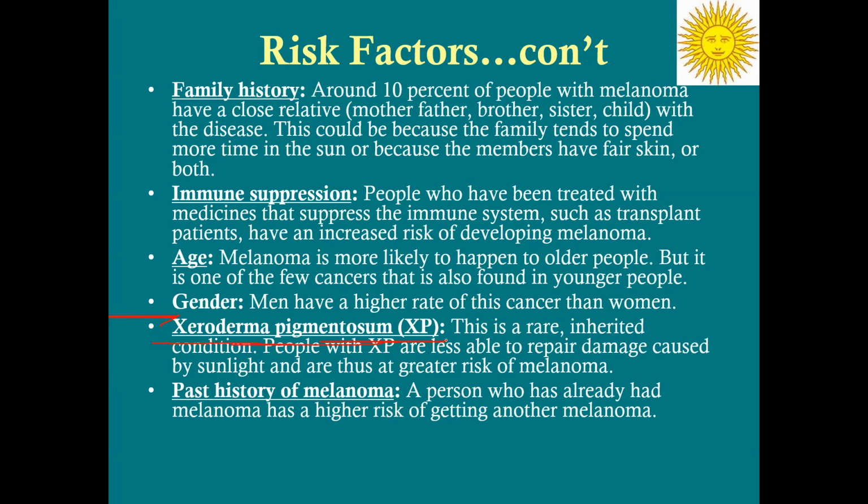When somebody with XP goes out in the sun and the UV radiation hits their cells, it just kills the cells. They'll be exposed to the sun for 10 minutes and the skin starts peeling and turning red. It's crazy, right? Extreme damage.